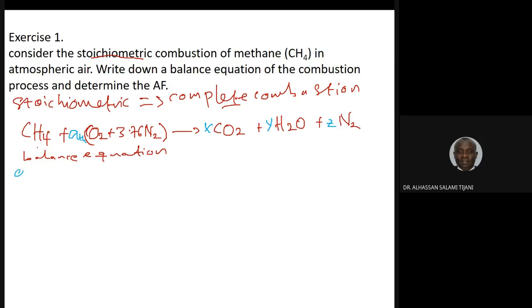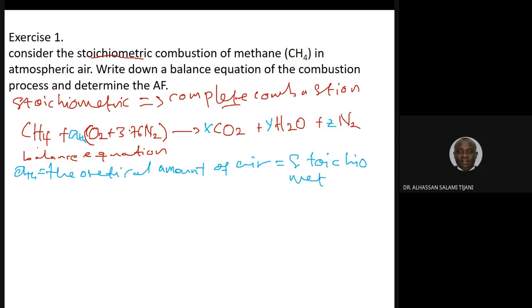Now what is this A_th? This is what we call the theoretical amount of air, which is the same as the stoichiometric amount of air.